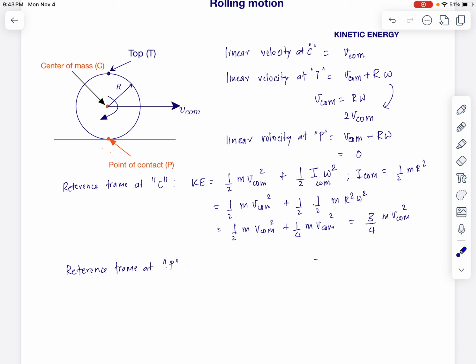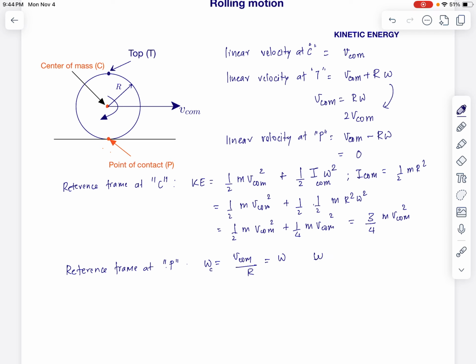So essentially this rotates like that, this rotates like that, and that happens at that particular instant. The angular velocity at point C is nothing but the velocity of center of mass divided by the distance from the axis of rotation. In this case it is r, and that is equal to the omega that we have seen earlier, because v center of mass equals r times omega.